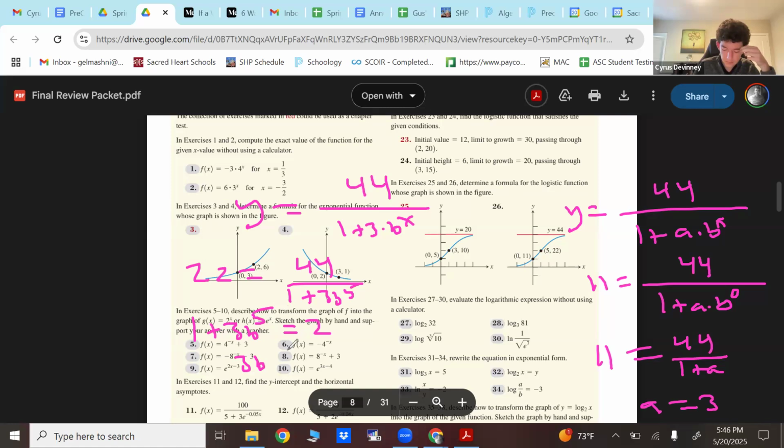Okay. Yeah, b will be the 5th root of 1/3. Okay. 3b to the 5th equals 1.